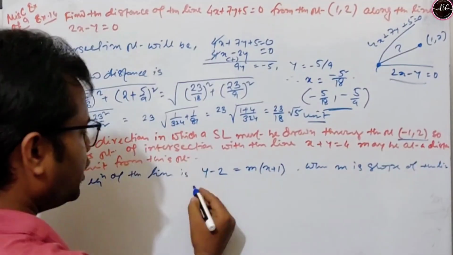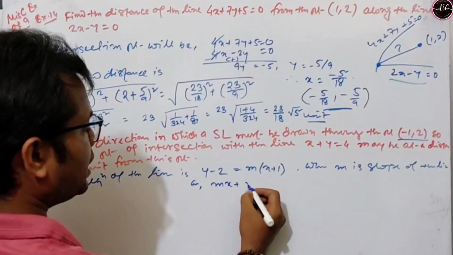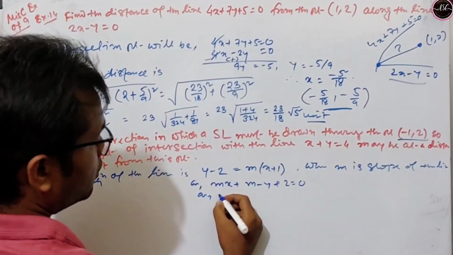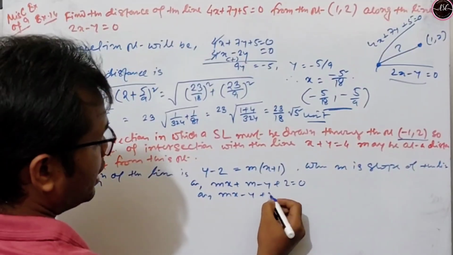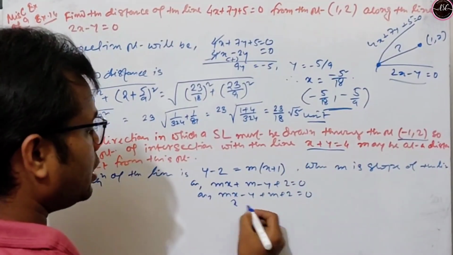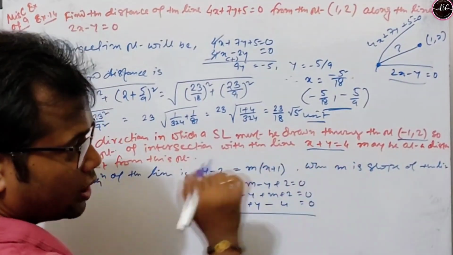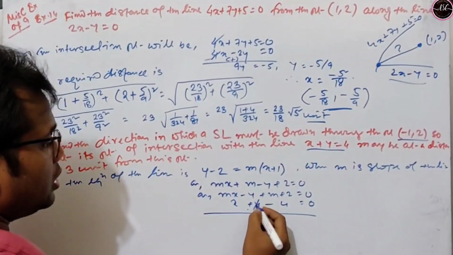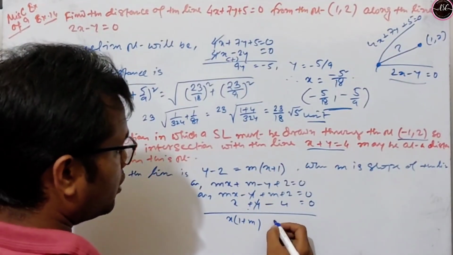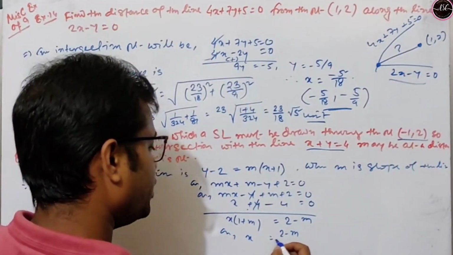From here we can write mx plus m minus y plus 2 equal to 0, or mx minus y plus m plus 2 equal to 0. And here we also have this line, that means x plus y minus 4 equal to 0. By solving that we get the intersecting point, and this will be cancelled out. So here 1 plus m and here 2 minus m, or x equal to 2 minus m divided by 1 plus m.